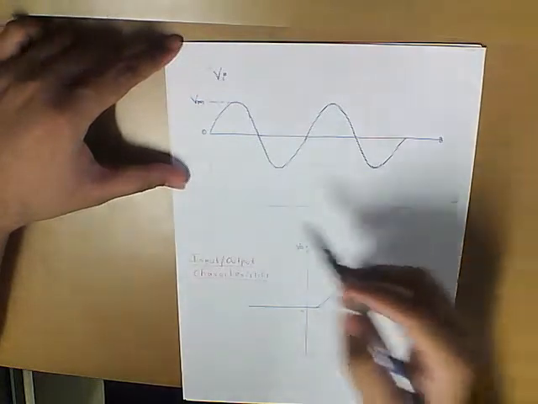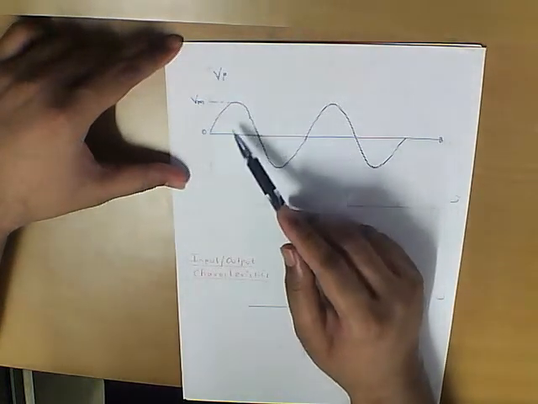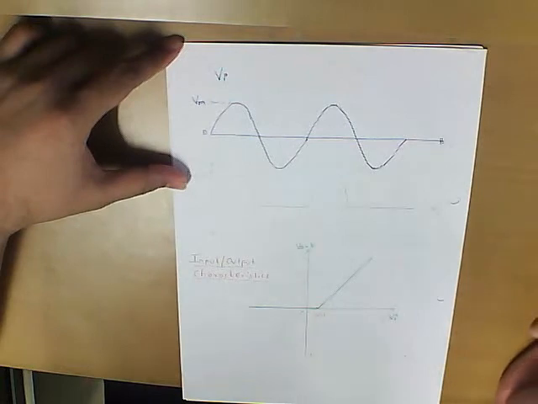So we have the input, that is Vi, which is sinusoidally varying.